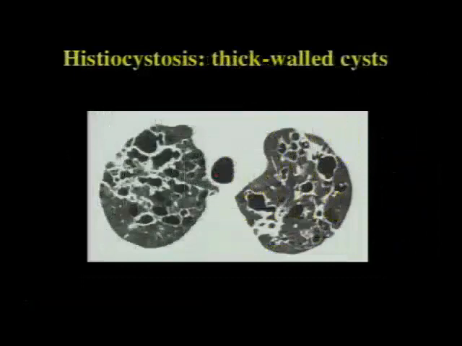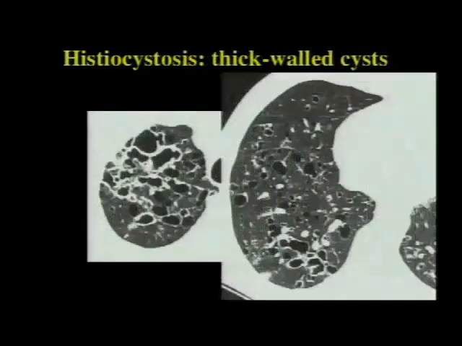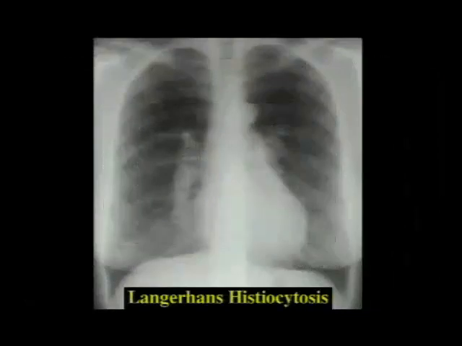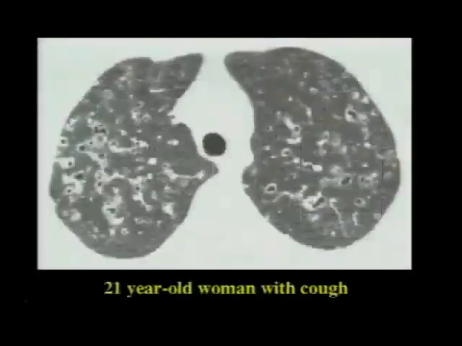Another example, this was case number 4, I believe, multiple irregular upper lobe cysts with smaller cysts and less numerous cysts at the lung bases, so a distinct upper lobe predominance with this very irregular appearance typical of histiocytosis. This is an example on chest radiograph. The lungs look relatively large. The upper lobes look relatively lucent because of the predominance of cysts in that location, and you may see a very minimal reticulation.